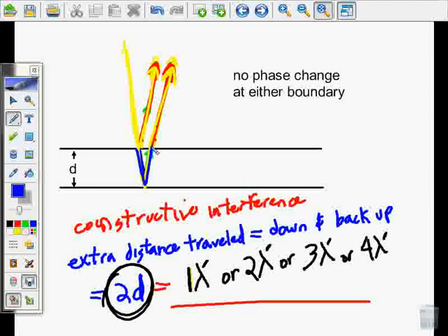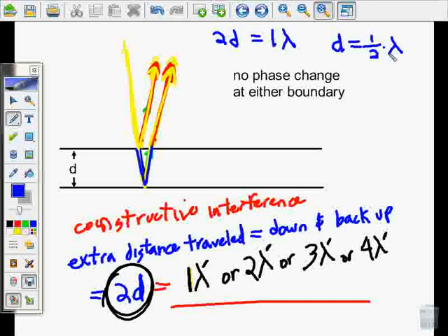So if we go and solve this now, we know that 2D can be equal to 1 lambda. Well, if I solve it for that case, what thickness do we want the middle material to be? Jeremy? Half a lambda. 1/2 times lambda.